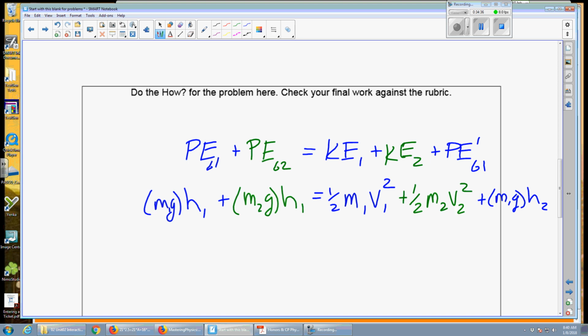Not h2, h1 prime. So I just substituted it in, right? And I'd probably write above this KE, oh, I looked on the equation sheet.